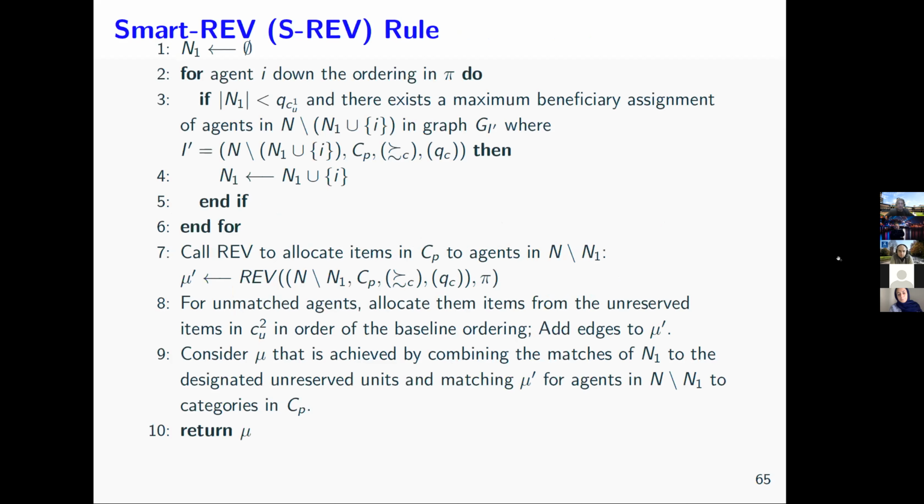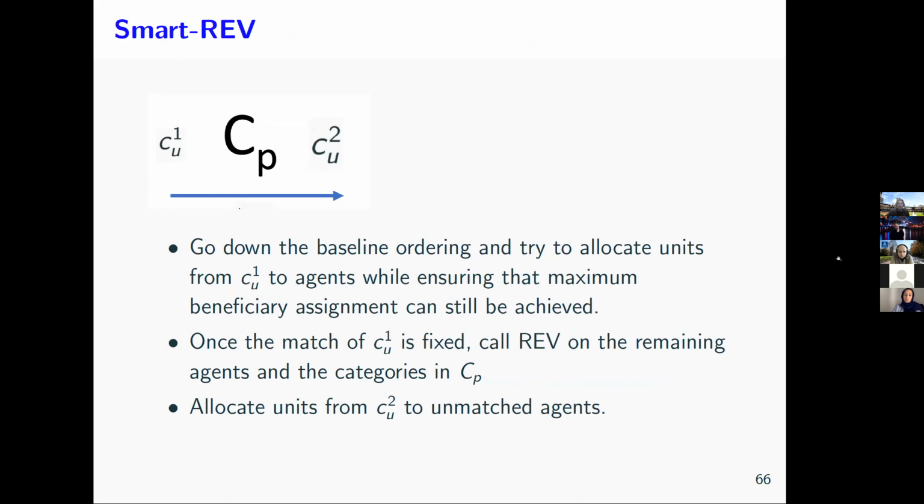So this is the algorithmic formulation of this more general class of rules, which basically is parameterized by how many QC1 units are to be processed earlier, how many units are required to be processed in the end, and in the middle, when you're allocating the preferential categories, you need to do it in a principled way as well. So let me just summarize this algorithm by a few high-level points.